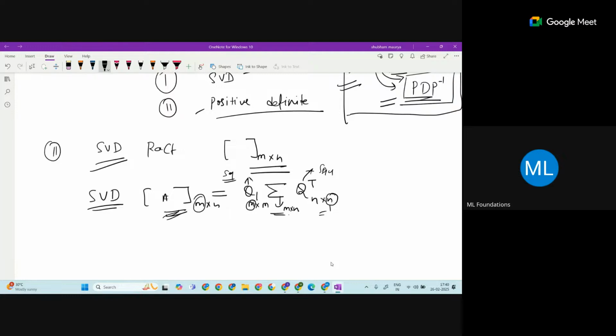No need to even remember it; this tells you. Writing the matrix in this fashion is called singular value decomposition. We are decomposing it into three types of matrices.